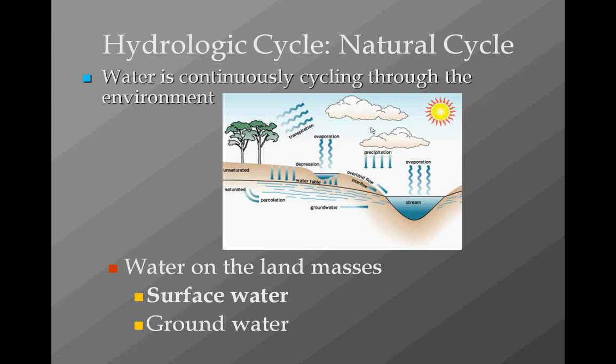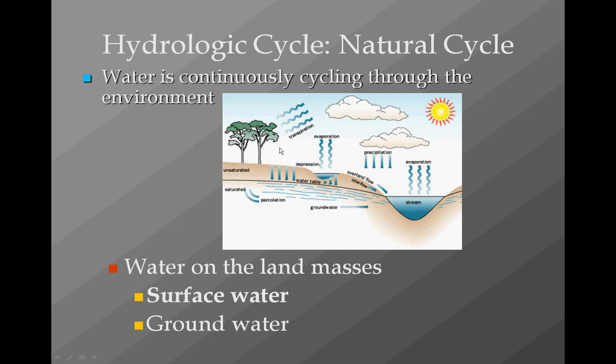That water will fall to the surface of the Earth as precipitation. When it collects in areas, it will eventually, by the heat of the sun, be evaporated back into the atmosphere, where it collects again into clouds, falls again as precipitation, snow, sleet, rain, and the cycle continues around and around.